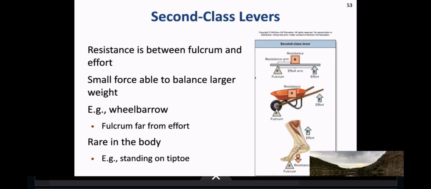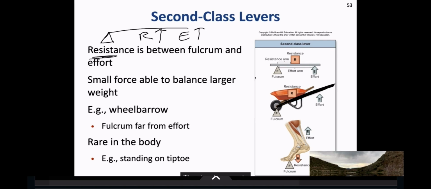A second class lever, and these are kind of rare in the body, there's not a lot of these, but now what's happening is we have a fulcrum on one end and the resistance is between the fulcrum and the effort. The other key thing is both of these are now going in the same direction. The classic example is a wheelbarrow.